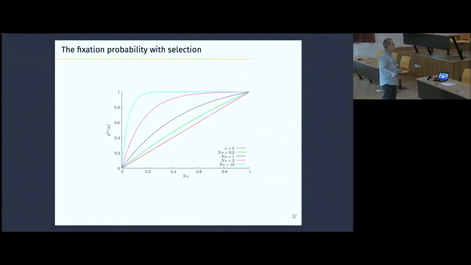This is the fixation probability as a function of selection advantage and population size. We know that when there is no selection advantage, Kavita has brilliantly derived that the probability of fixation is, oh, this is not NS, this should be X here.